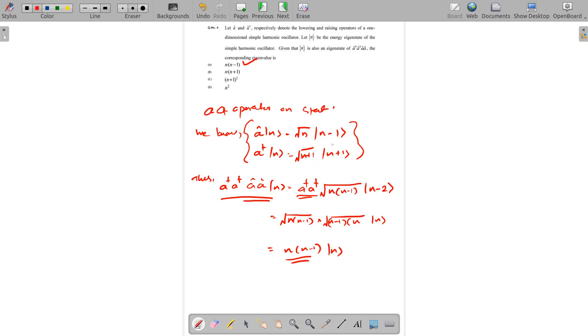By this relation it will again give you a root of n into n minus 1 factor. So at the end you will get n into n minus 1 times your ket n. You started with ket n and you ended up with ket n, so it's an eigenstate with eigenvalue n into n minus 1. So option A is the right answer.